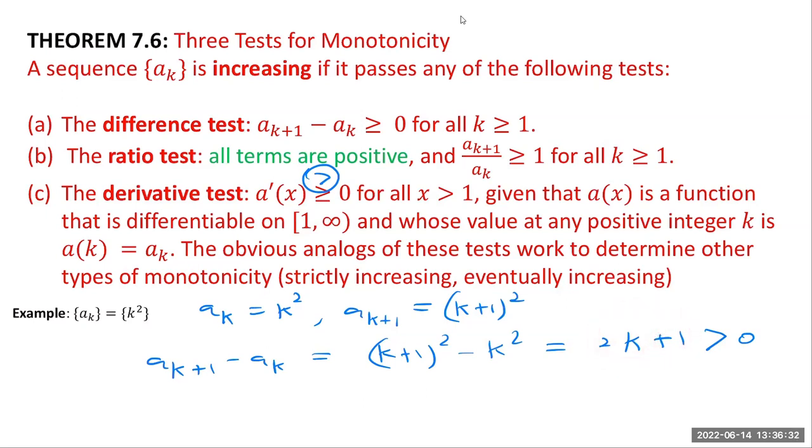What does that tell you? That means this is a strictly increasing sequence. Notice that this time we have a strictly greater than sign. If you have a greater than or equal sign, then we can only say that the sequence is an increasing sequence. Now, since this difference is strictly greater than 0, this is a strictly increasing sequence.